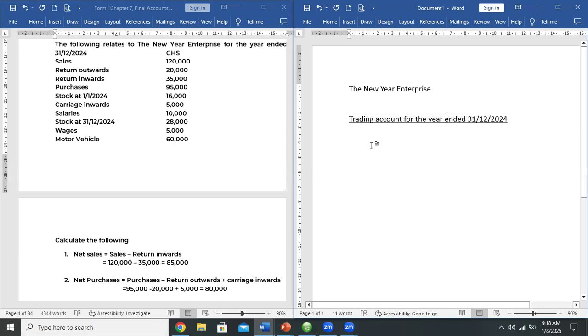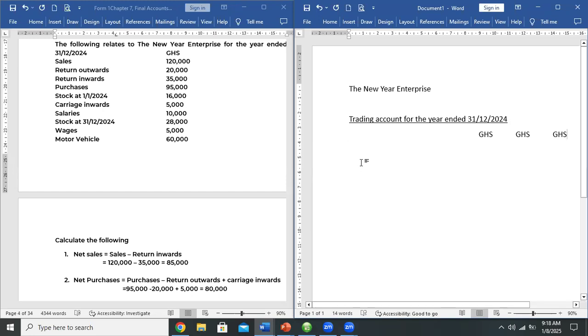Then, as we said, you need 3 columns at the far right end. Okay, so let me do that. And you put the currency right on top of those 3 columns. Okay, so this is what you have to do. Then you can now begin.